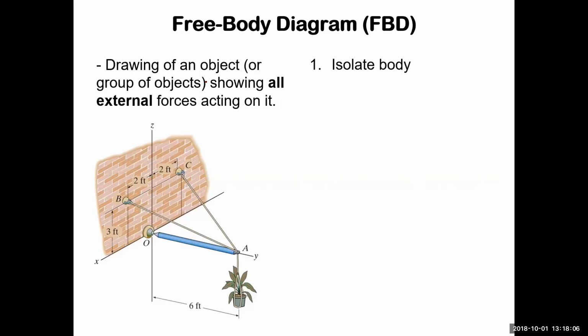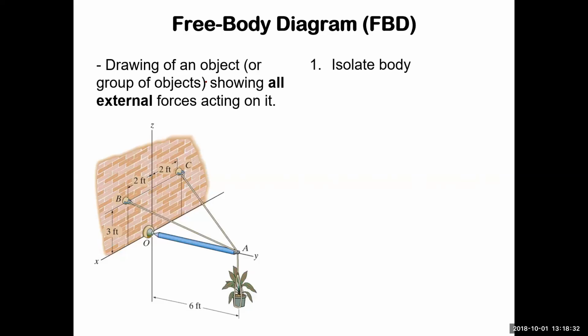The way the free body diagram works is we have to first isolate the body from its surroundings. And what is the important body in this problem? What's the thing that all the forces act on? Well, you might think of point A as being an interesting point.